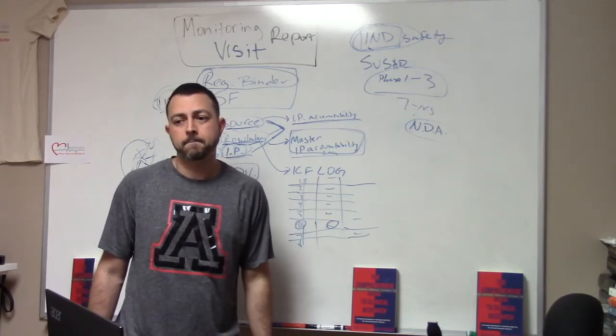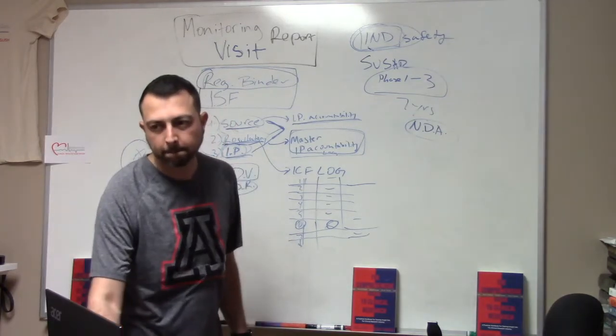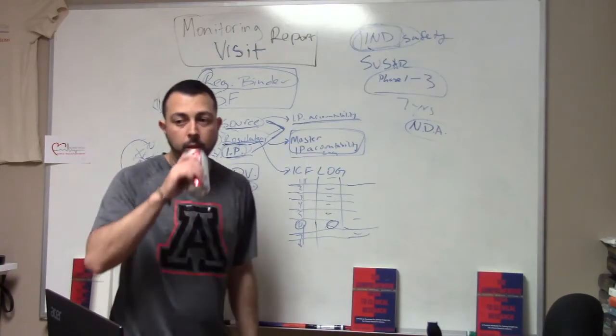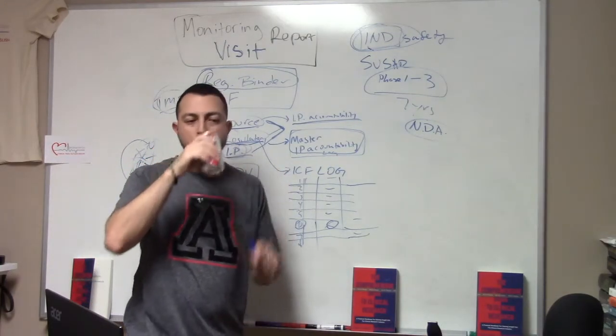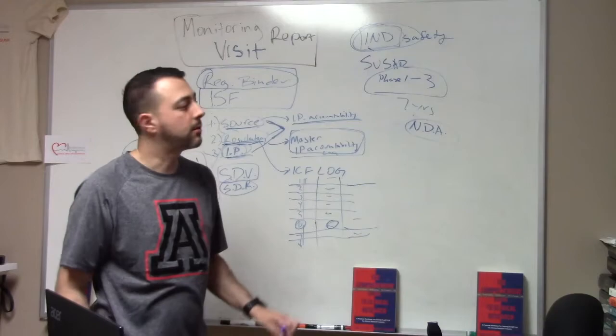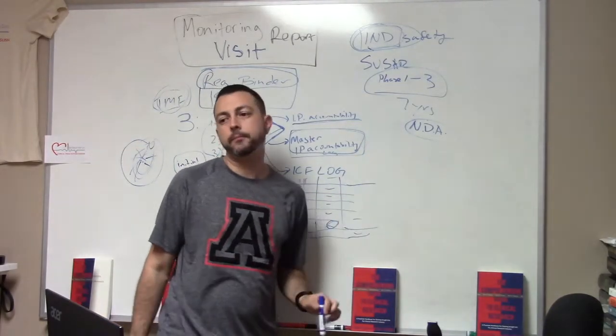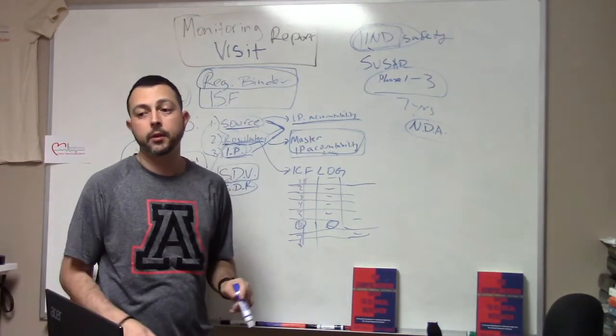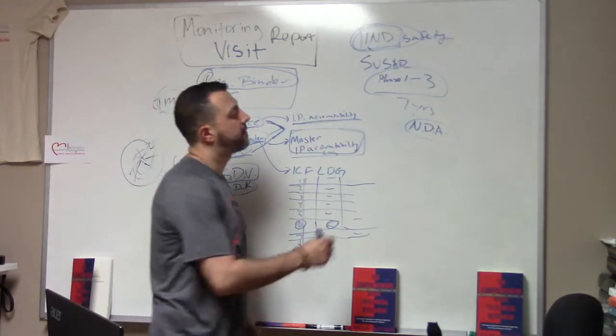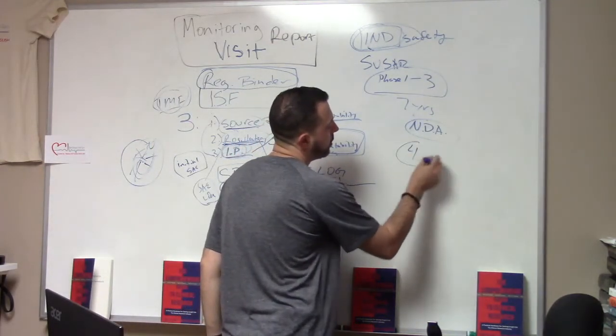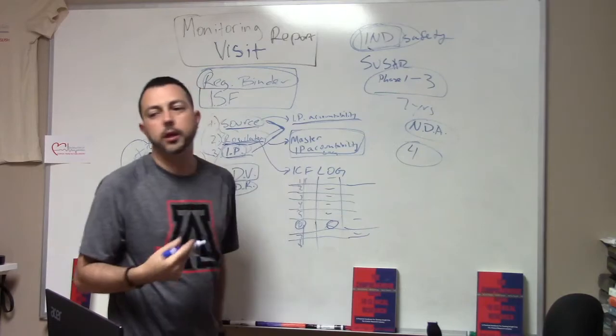So after phase 3, you go to NDA, and how many phases is the NDA? None. Once you do the NDA, you're approved or you're denied and you have to go back. There are phase 4 studies, and those are after the drug is already approved.